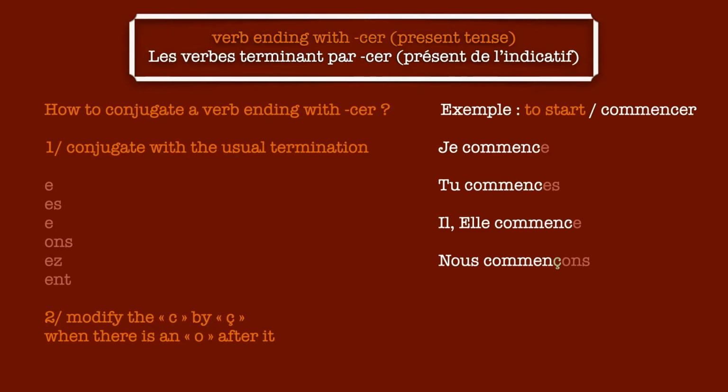Here you can see that we use the C cedilla, because after it there is an O. This changes the pronunciation because without C cedilla, we would pronounce this word Nous commençons. By the way, it's not in every word that we use the C cedilla. We are speaking about conjugating verbs ending with cer. We use it also on other cases, but I will make videos about it. Vous commencez. Ils, elles commencent.